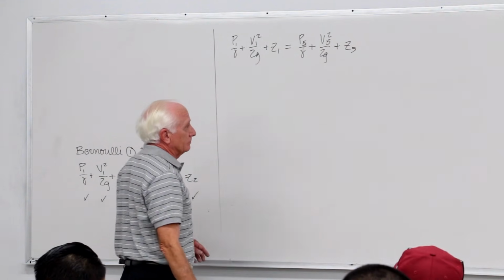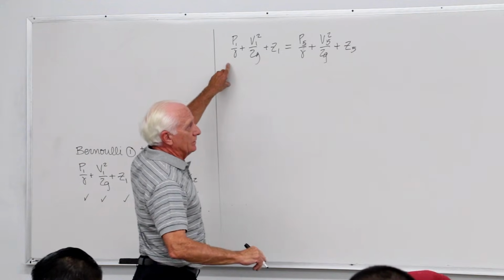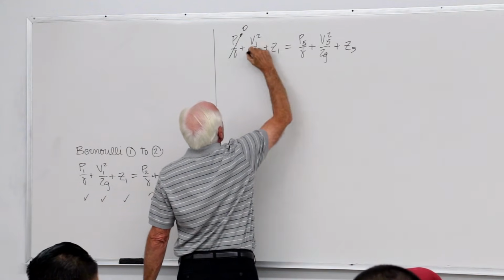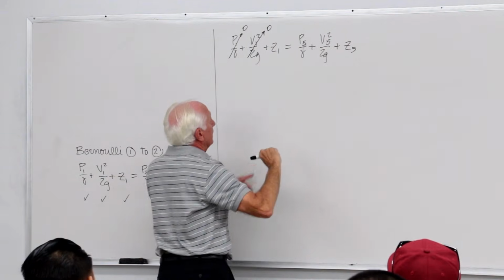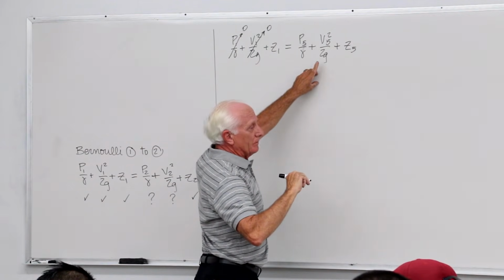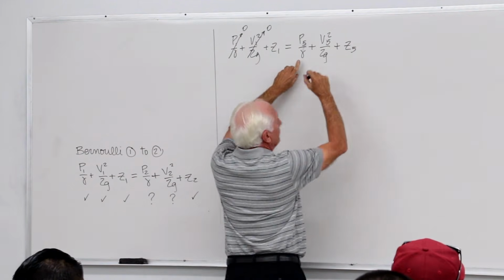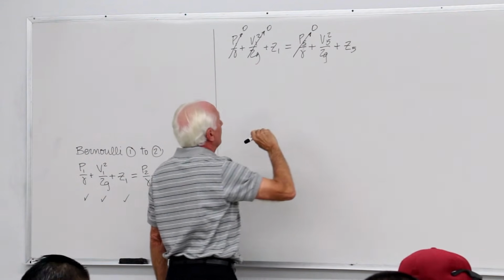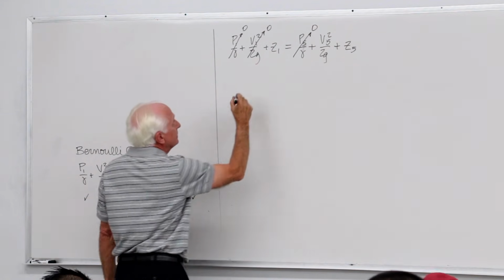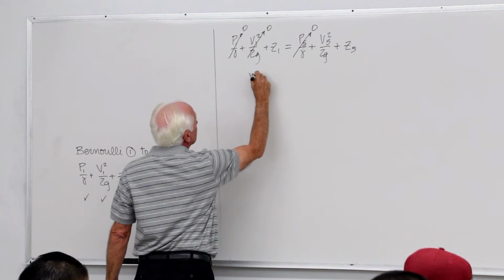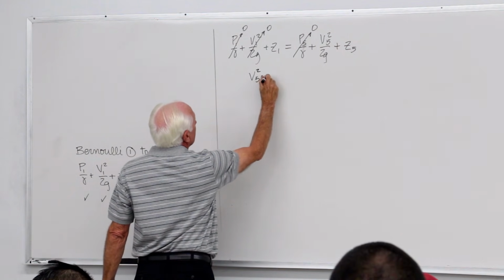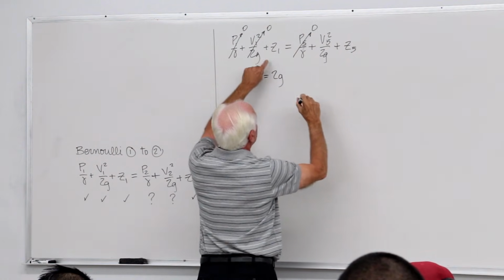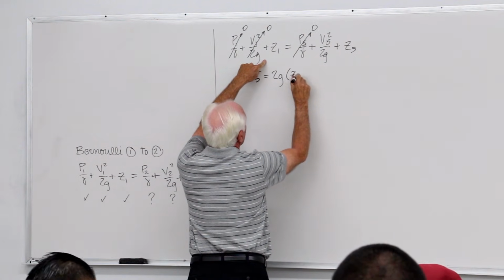Okay, P1, 0, V1, 0. Exit to atmosphere at 5, P5, 0. Okay, there it is. V5 squared equals 2G times Z1 minus Z5.